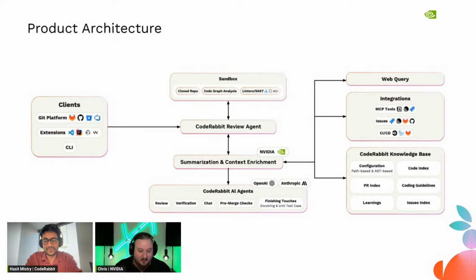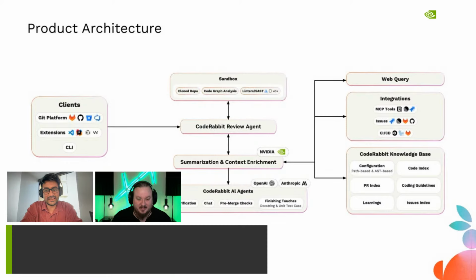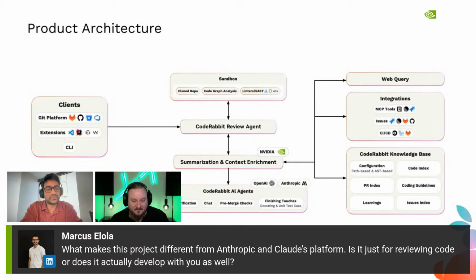And a great question from the chat is what makes something like CodeRabbit different from something like Claude Code? Is this just for reviewing code, or does it develop with you as well? So help me understand how these two pieces fit together. I've been using Claude Code a lot. Where is CodeRabbit helping me out?